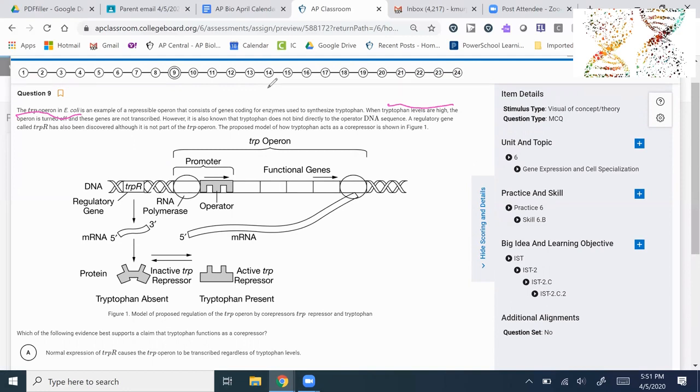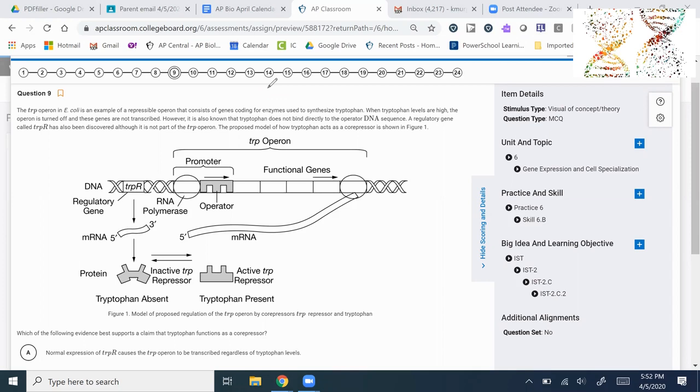Oh, we got an operon. And one thing you should be thinking about immediately is prokaryotes. All right, the trp operon in E. coli is an example of a repressible operon that consists of genes coding for enzymes used to synthesize tryptophan. When tryptophan levels are high, the operon is turned off and these genes are not transcribed.